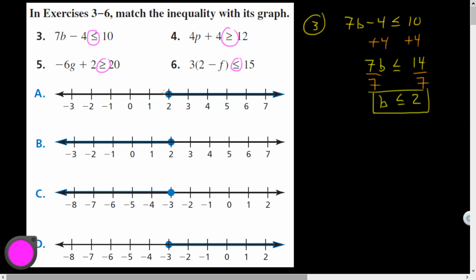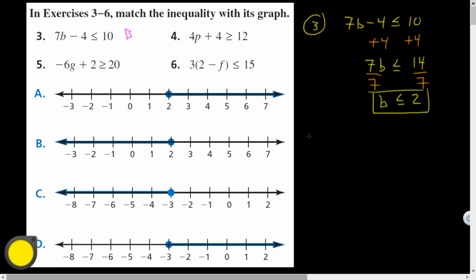But actually all of these are closed circles; it's just the printing that came out a little different. So B would be the answer to question 3, because it's a closed circle implied by the equal portion, and less than is shaded to the left.